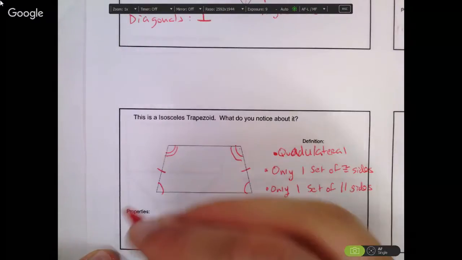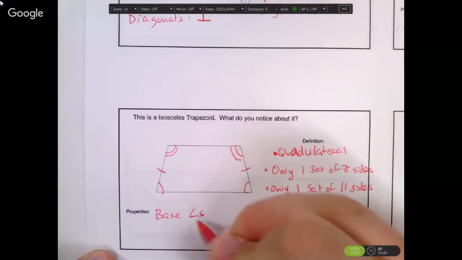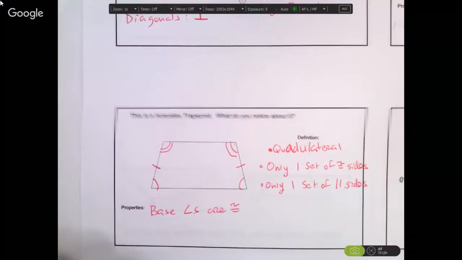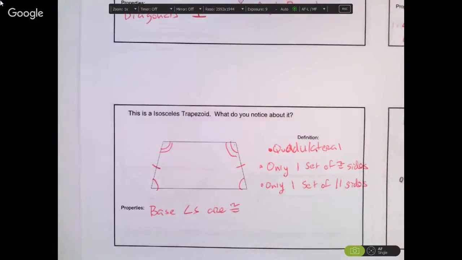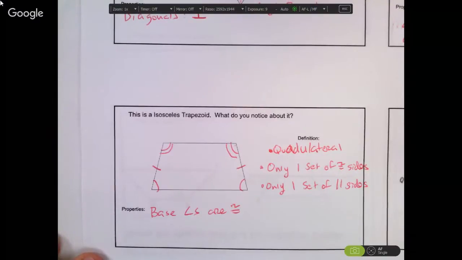Properties: base angles are congruent. The mistake that people will make is they'll say, oh, I have a trapezoid, base angles are congruent. It's only isosceles. Also, this follows any rule that the regular trapezoid followed.